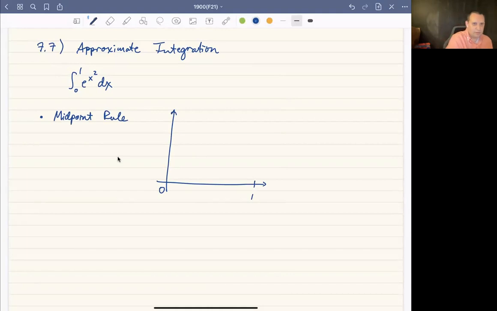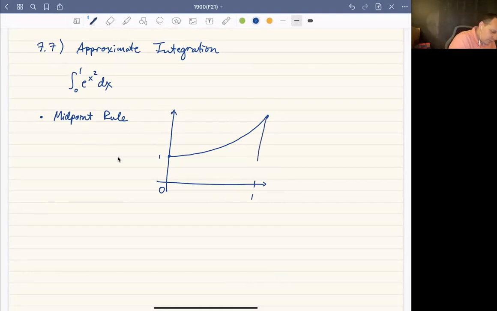At 0, we get e to the 0, so that's 1. At 1, we get e to the 1 squared, so that's e. It's very roughly going to look like that, just exponential. When x is large, it gets bigger very quickly. But anyways, this is e to the x squared, roughly.